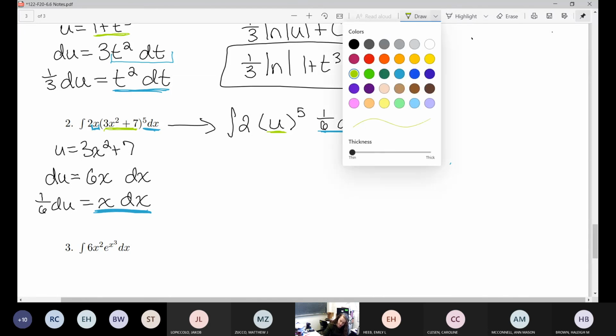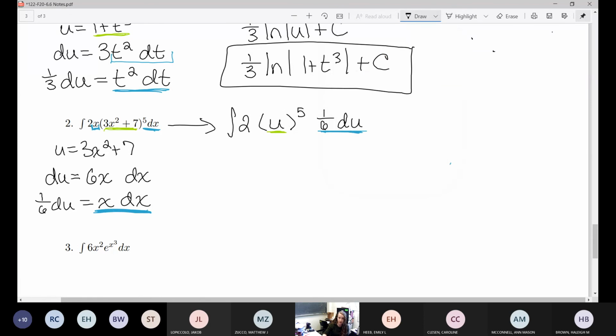Now we can simplify those constants a little bit. We can do 2 times 1/6 to get us 1/3. So we'll have 1/3 u to the 5th du. That is something we can take the antiderivative of. The 1/3 is going to come along for the ride. Anti-power rule, add 1 to the power, divide by the new power.